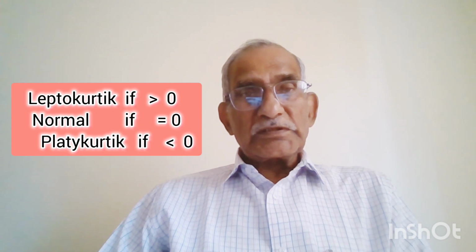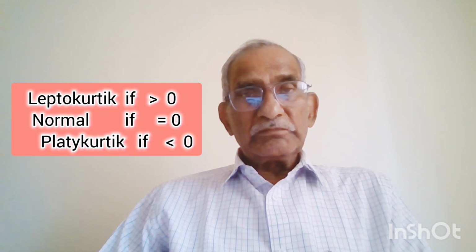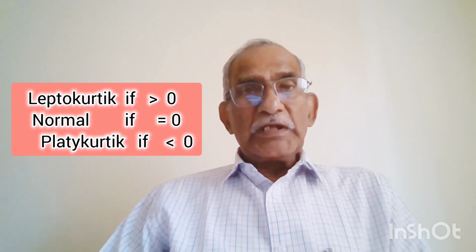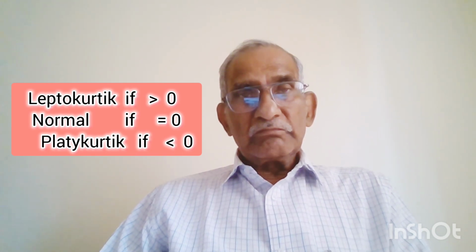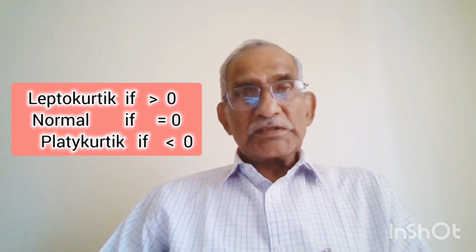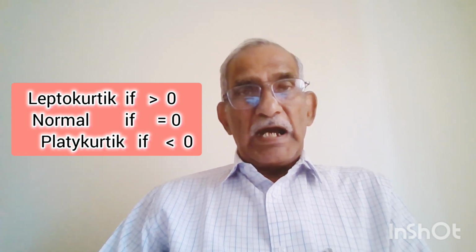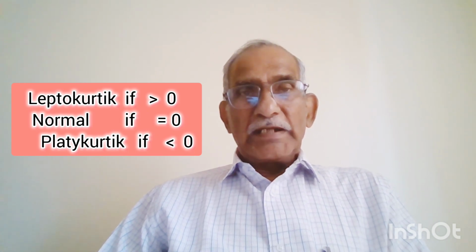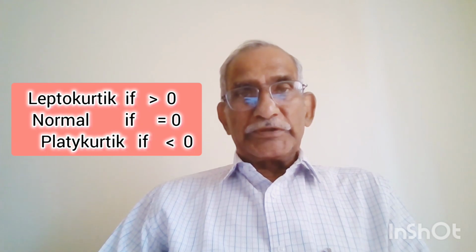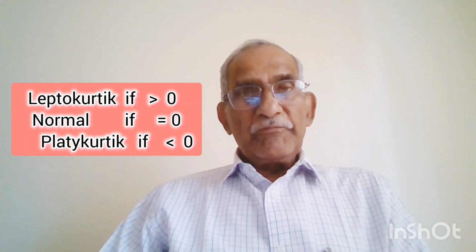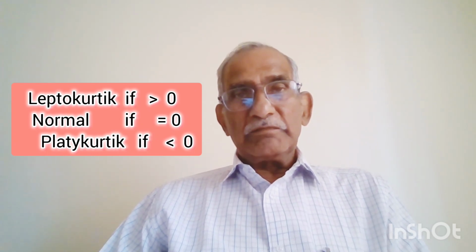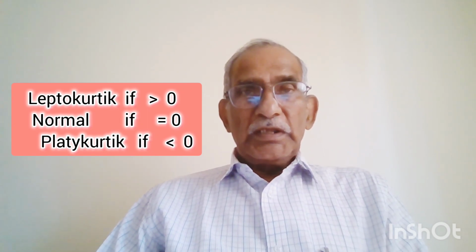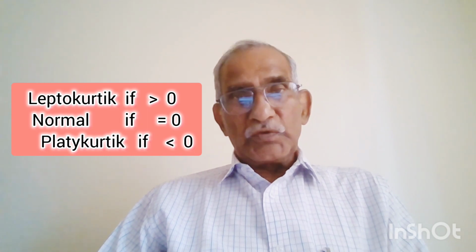The curve is mesokurtic, that is normal, if beta 2 is equal to 3, that is, if gamma 2 is equal to 0. And the curve is platykurtic if beta 2 is less than 3, that is, gamma 2 is less than 0.